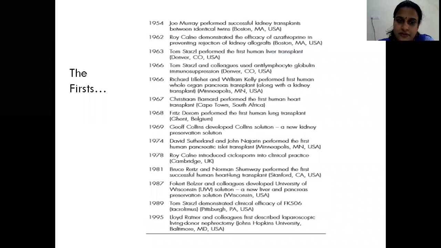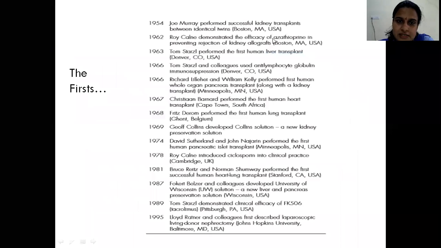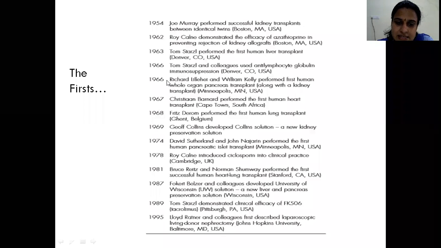If you are interested, you can remember the first successful kidney transplant between identical twins that I showed. Next is the first human whole organ pancreas transplantation in 1966. Then the first heart transplantation was done by Christiaan Barnard in 1967.